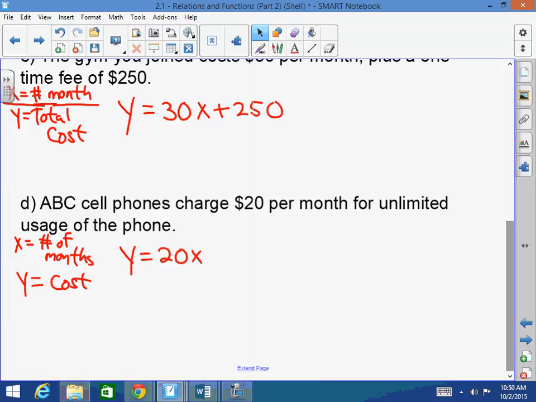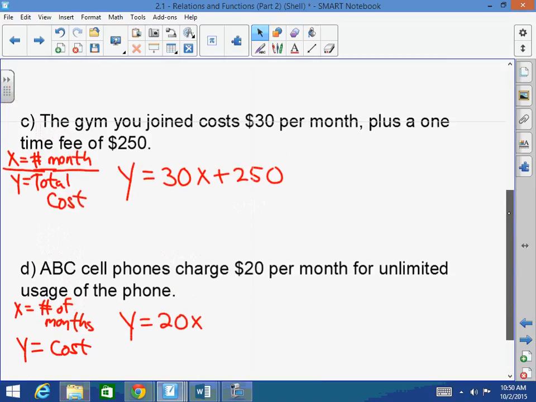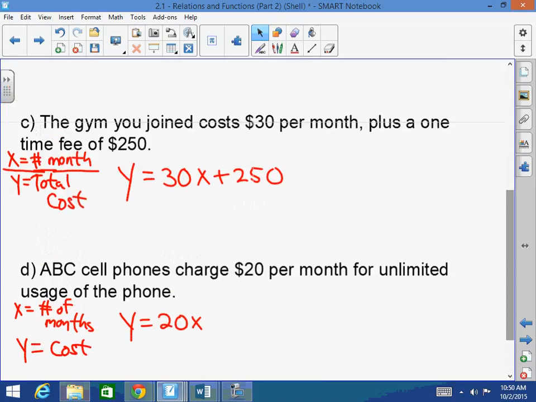Yes, sir, the one of the gym. You would only have to pay $250 once, but let's say that I plan on being there 100 months. You have to calculate that into your cost. Okay, let's be realistic. I want to do it for 10 months. So how much is this really going to cost me?